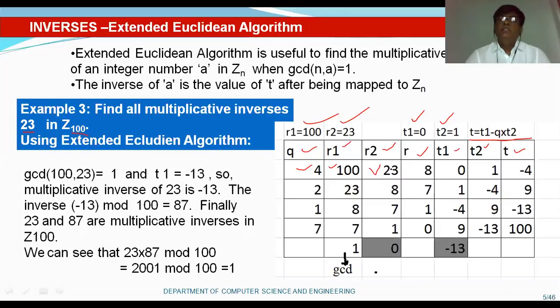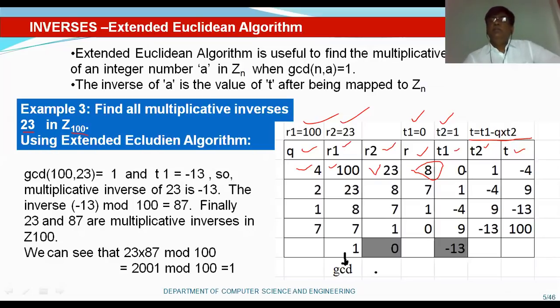So Q is R1 divided by R2, which is 4, and the remainder is 100 minus 92, which is 8. So R is 8.